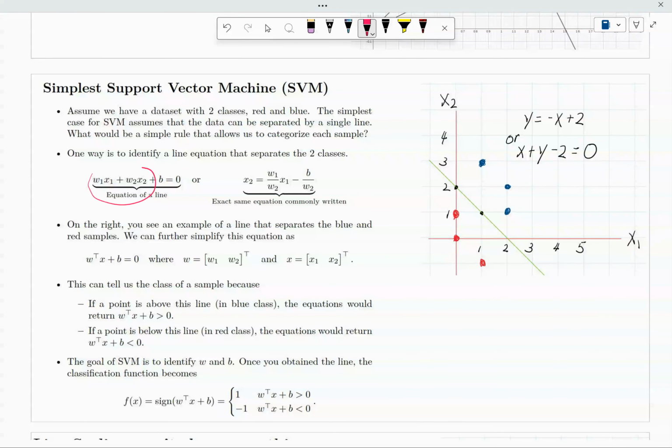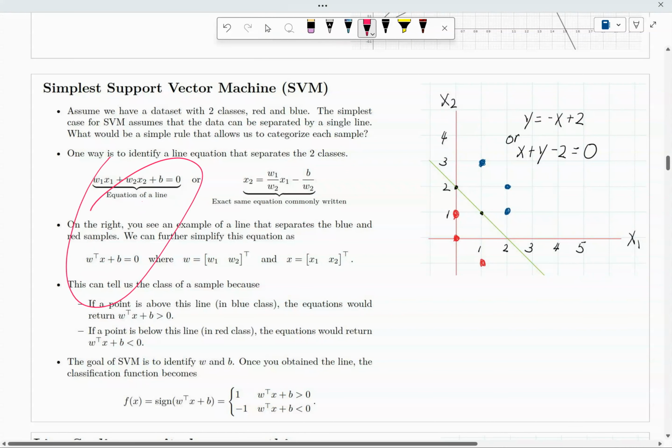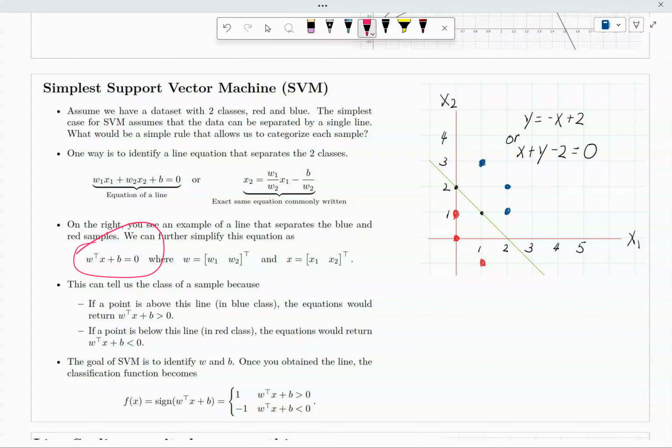So writing it this way allows us to represent all the W's as a vector and all the X values as one single X vector as well. And then this can be converted into the vector W times X plus B. Okay, so they're equivalent. Now this form is better because it doesn't matter what dimension you are dealing with, you will still use this form.